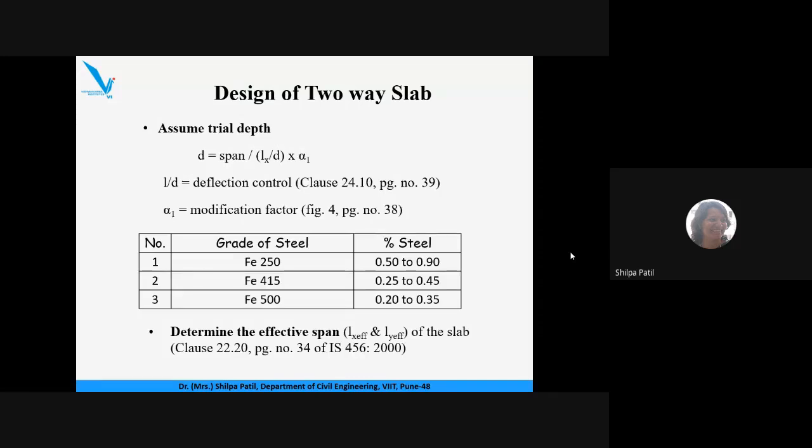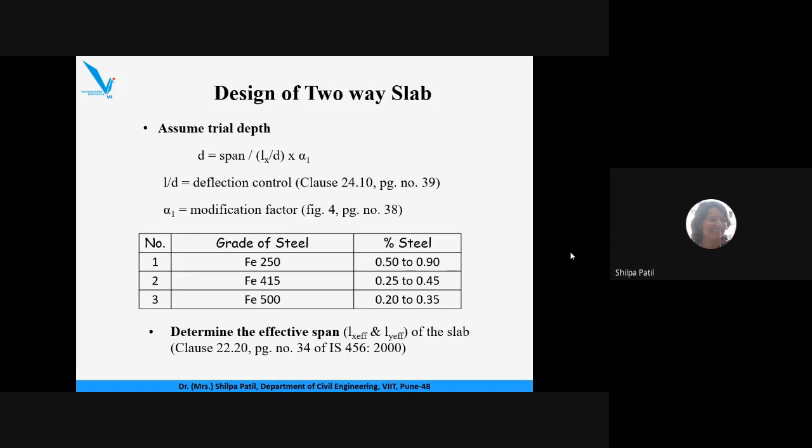The only difference is that we have to consider the design of torsion reinforcement, and we have to calculate the moment in a different fashion by making use of the coefficients. The coefficients are given in different tables, and we have to calculate two moments and two areas of steel. Rest all steps are exactly similar to the design of one-way slab. Okay, let us start with the steps now.